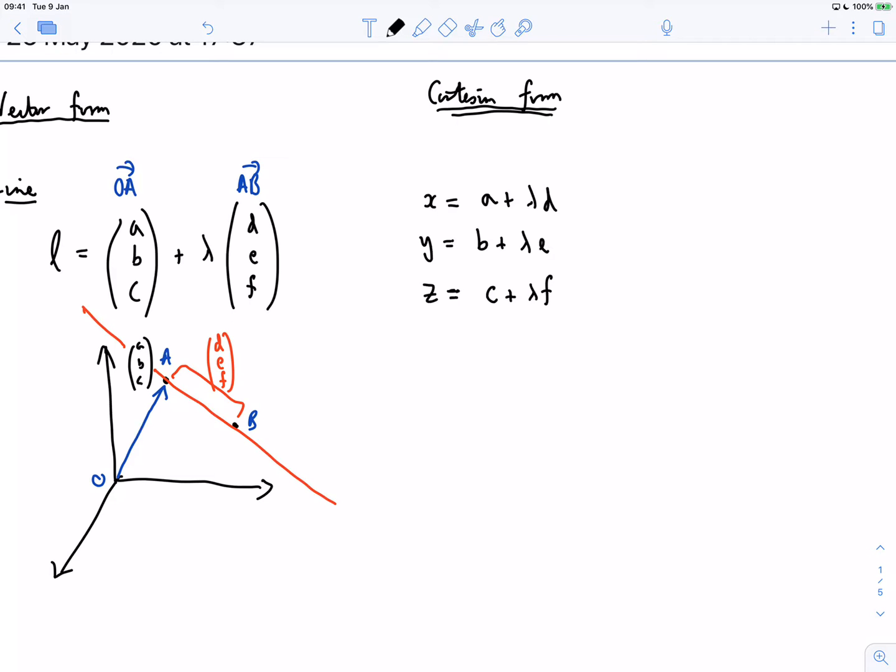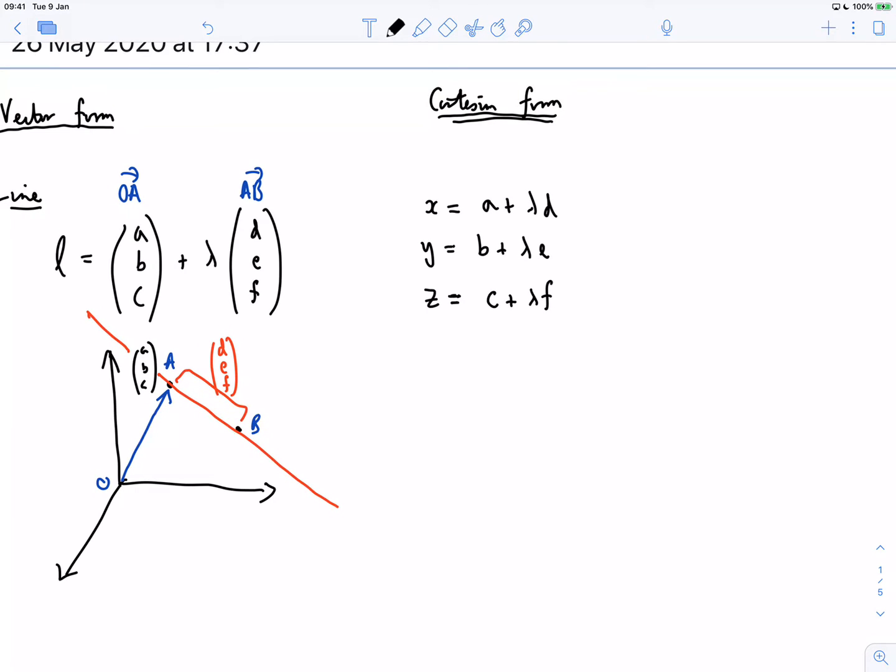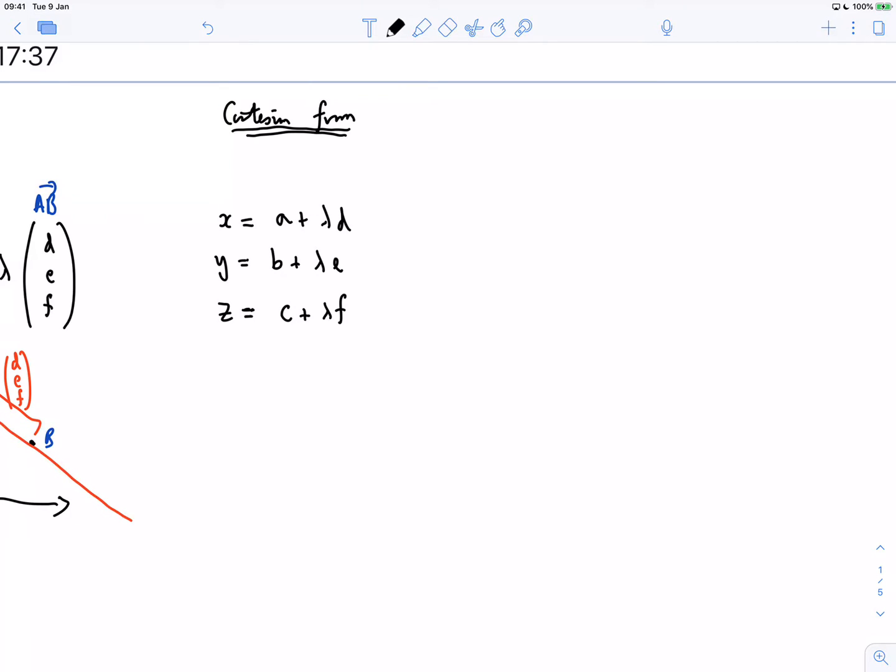And then to get an equation for the line in Cartesian form in 3-dimensional space, we're going to make lambda the subject of each of these. So x minus a over d, and then y minus b over e, and then z minus c over f.